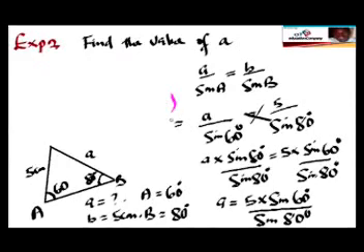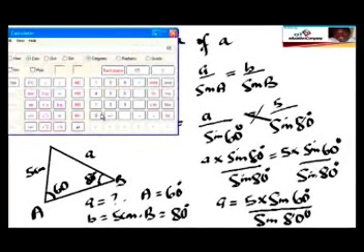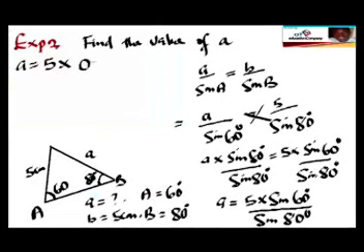You can do the remaining ones here. So this is what I'm having: a is equal to 5 times, let's see what sine 60 will give. Let's punch our calculator here. 60 sine function gives 0.8660, so you have 0.8660 divided by, what is sine 80?